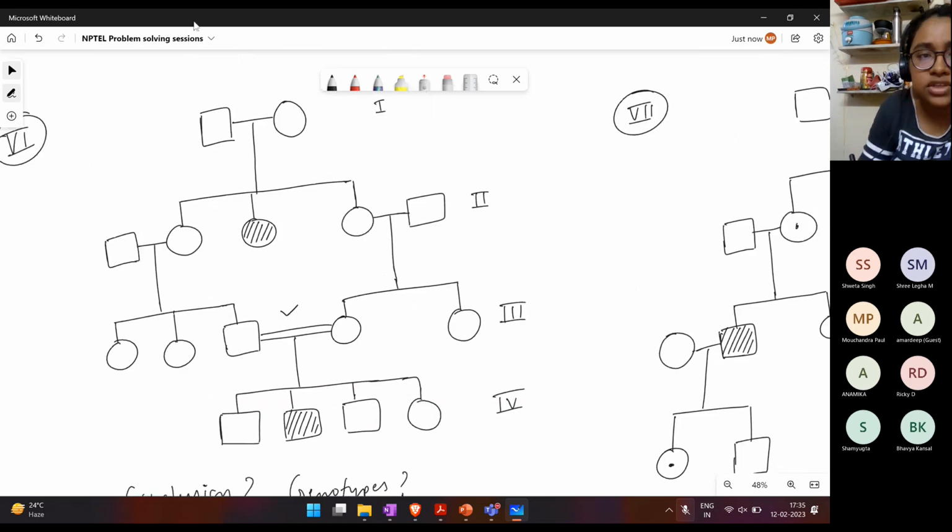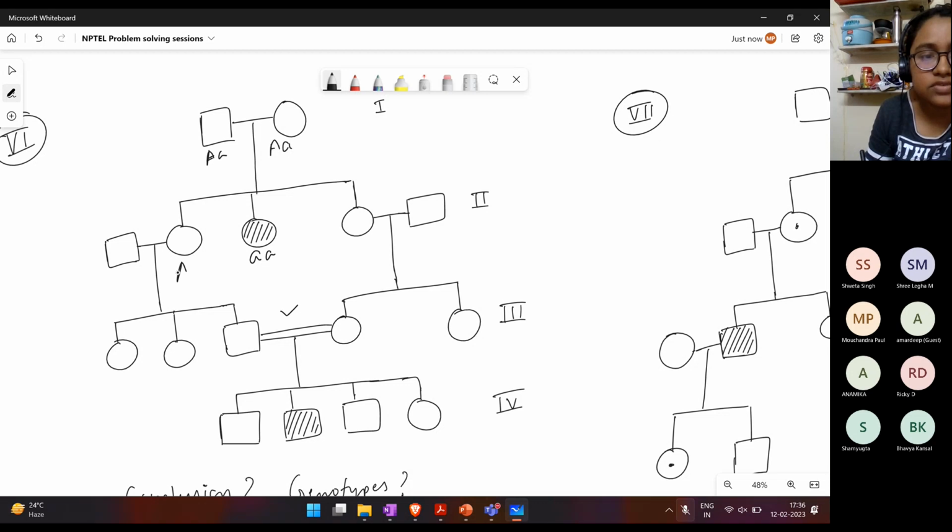In order to see this, we have to write the genotypes. Normal people will be either heterozygous or homozygous. Here, homozygous affected is not possible for the parents, right? Because it is autosomal recessive. For a recessive gene to express, there has to be a homozygous condition, right? This will be the genotype of the parents.